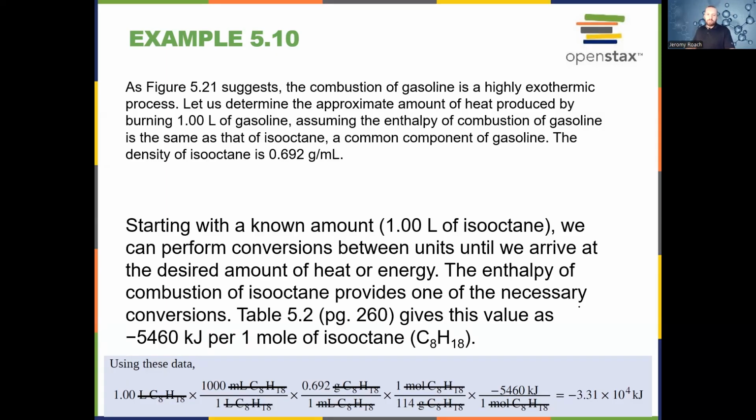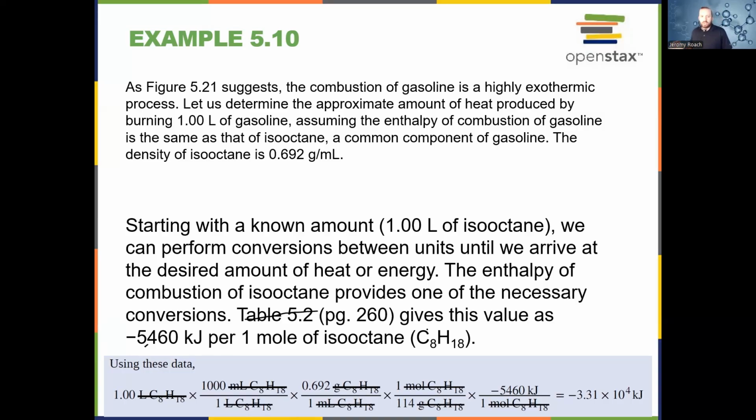The enthalpy of combustion of isooctane provides one of the necessary conversions that we need. Table 5.2, which is not necessarily in the book that you're reading, gives us a value of negative 5,460 kilojoules per mole of isooctane. So you can find that in your book.